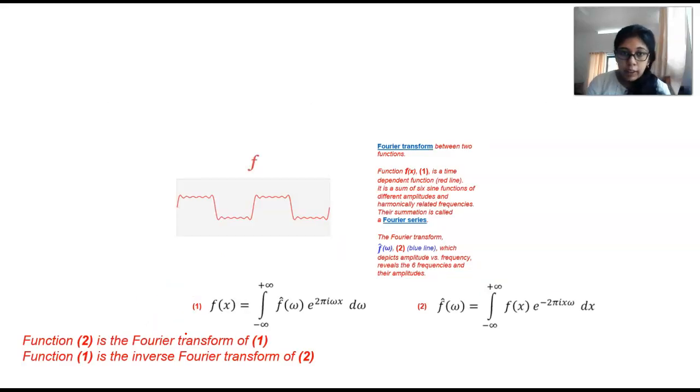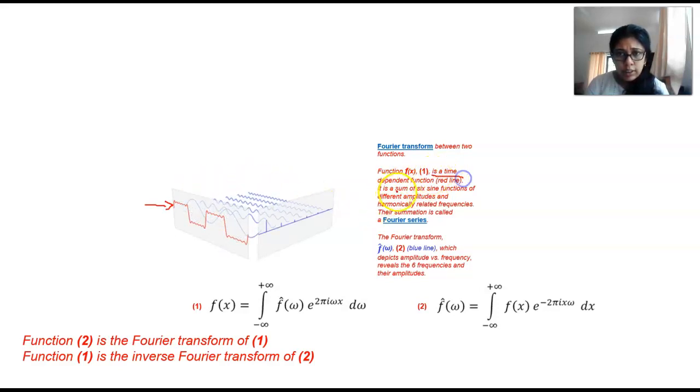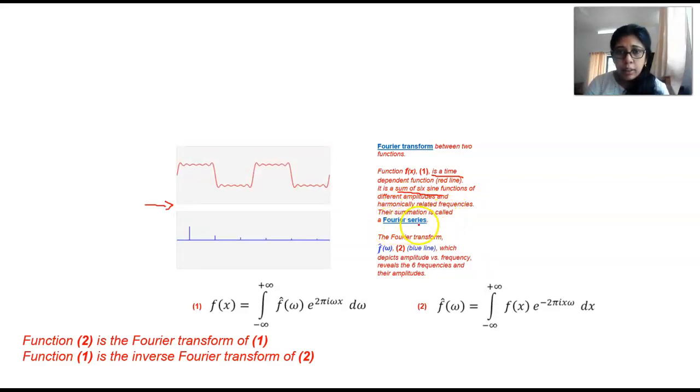So moving further, you can see here a particular function that is shown as this red line. This is a periodic function, a time dependent function, and it is a sum of 6 sine functions of different amplitudes and harmonically related frequencies, and summing them all together gives you the Fourier series.